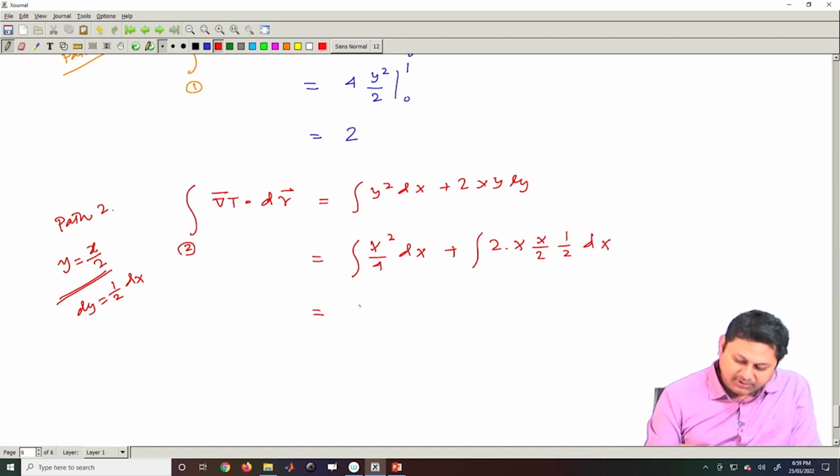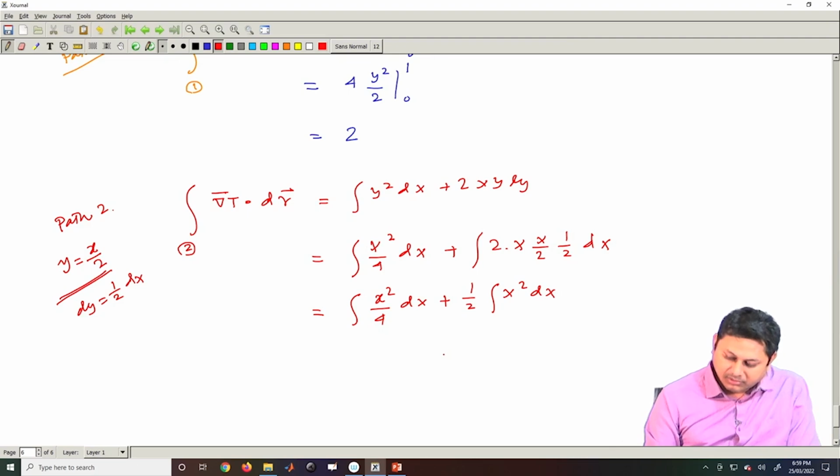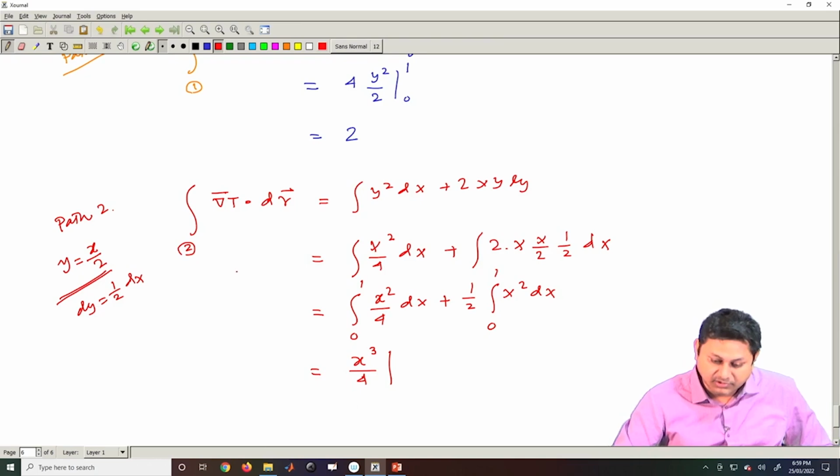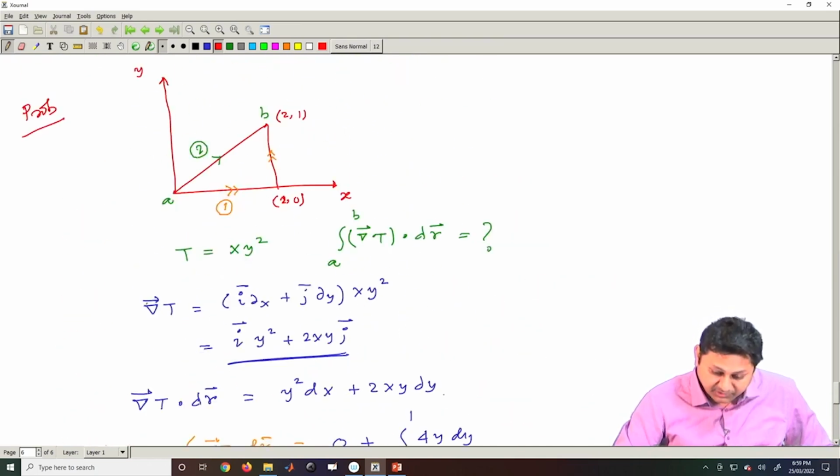So eventually I am having the integration of x square by 4 dx plus, the 1 and 2 are going to cancel out, so half of x square dx. The limits are 0 to 1, so eventually I will have x cube divided by 4, and sorry, the limit is not 0 to 1 because x is changing from 0 to 2.